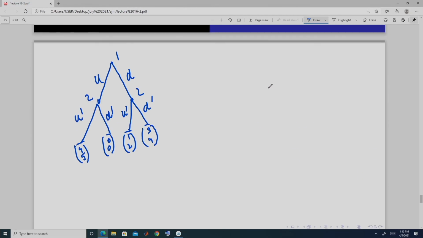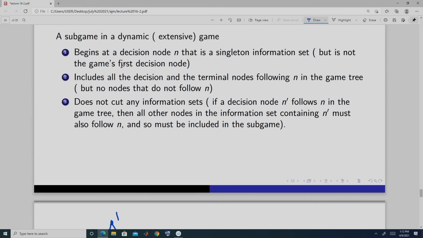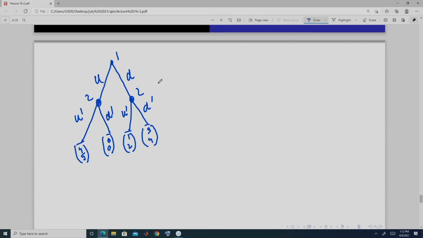So a subgame can start from here or from here, but it should not be the topmost, that is, the first node. It should not be the first decision node. And it should include all the decision nodes following from it.